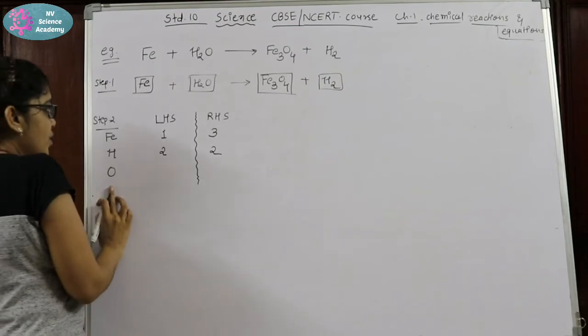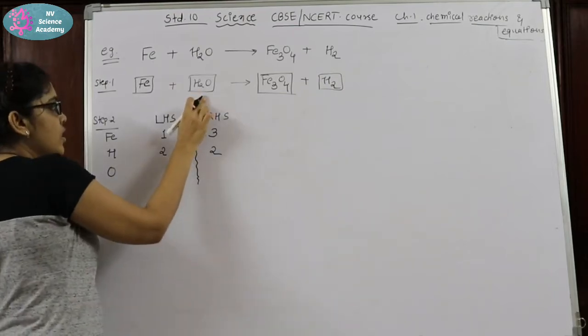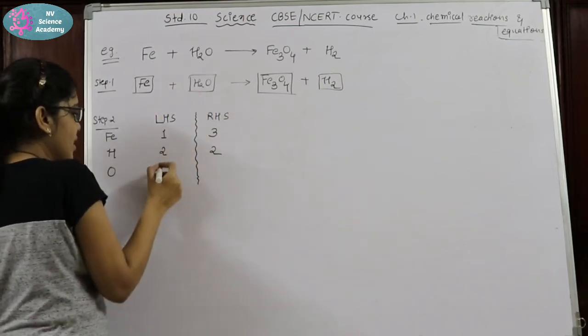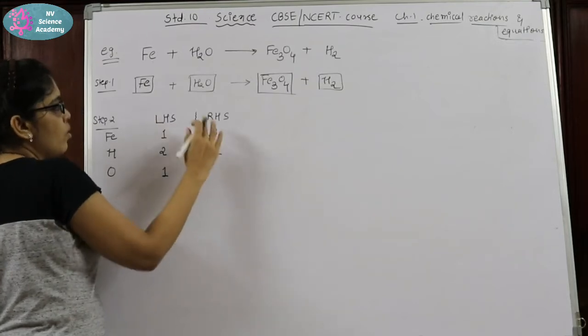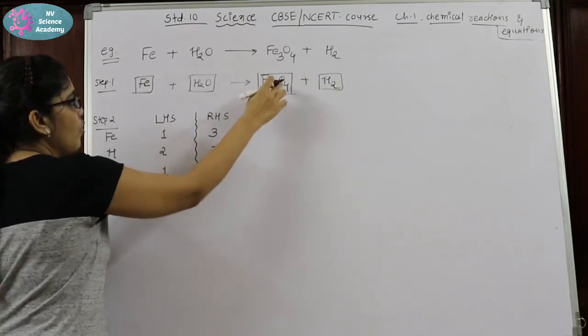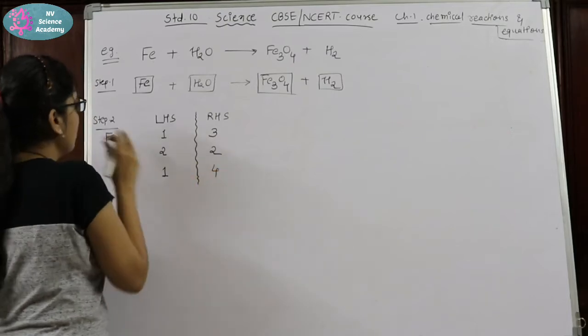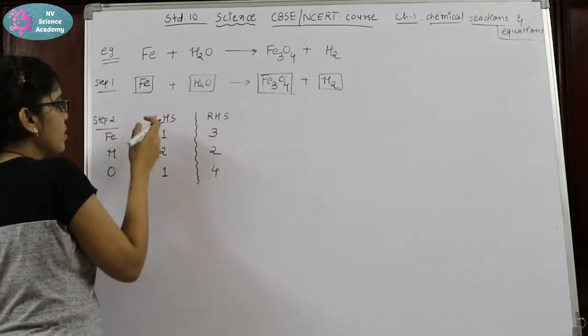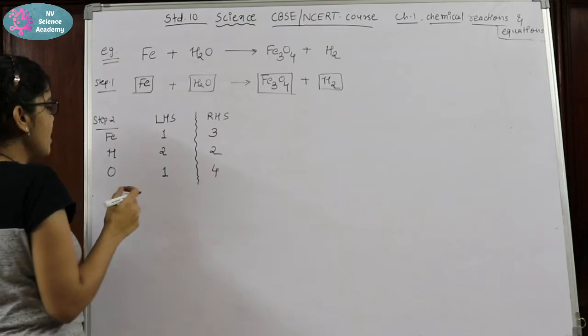Now the turn of oxygen: the number of oxygen atoms on the left hand side is 1, and on the right hand side it is 4. Step 2 is complete. We listed the number of each element.